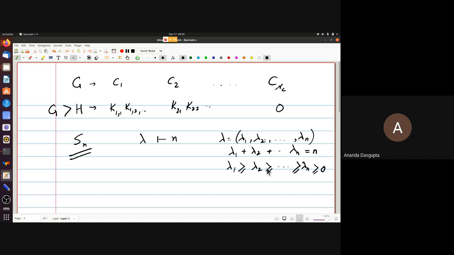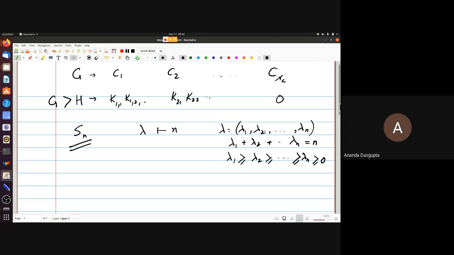Okay. Now, if you have such a partitioning, we have already seen the connection between partitions and the irreps of Sn, because there's a one-to-one correspondence between the partitions of n and the cycle structures which n can have, right? And remember the cycle structures of n determine the classes of Sn, and the classes immediately correspond to the irreducible representations of the group Sn.